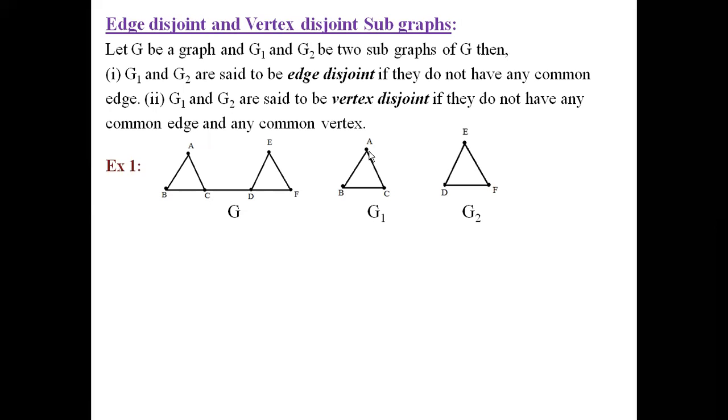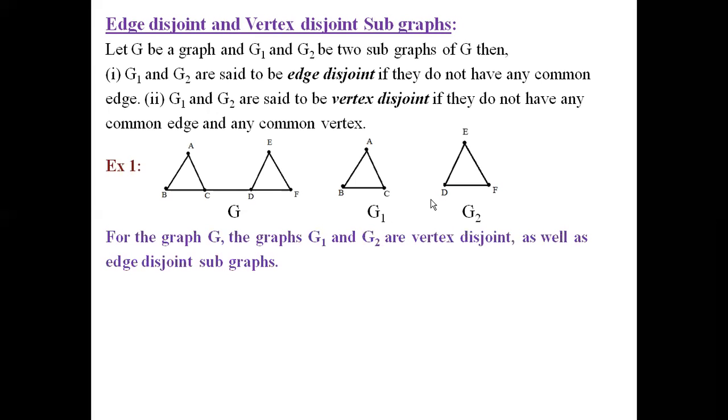G1 consists of the vertices A, B, C and the edges joined between them, and G2 consists of the vertices E, D, F and the edges joined between them. So G1 and G2 are vertex disjoint as well as edge disjoint subgraphs.